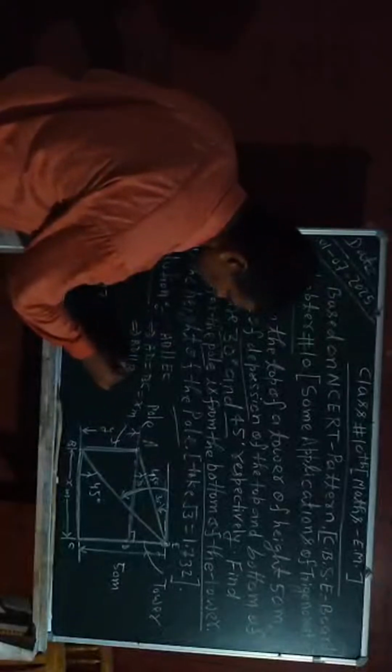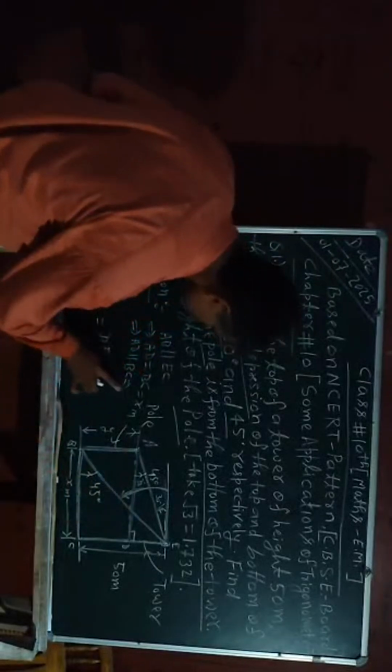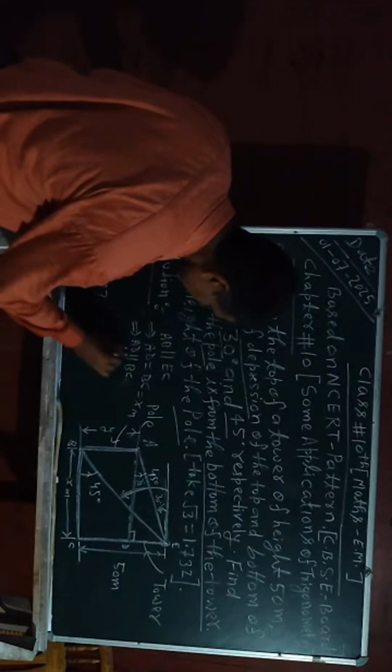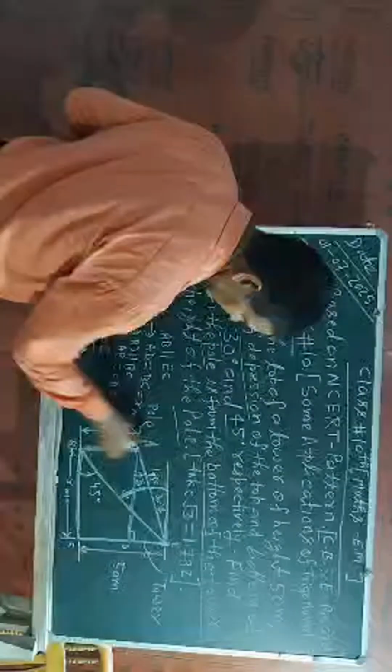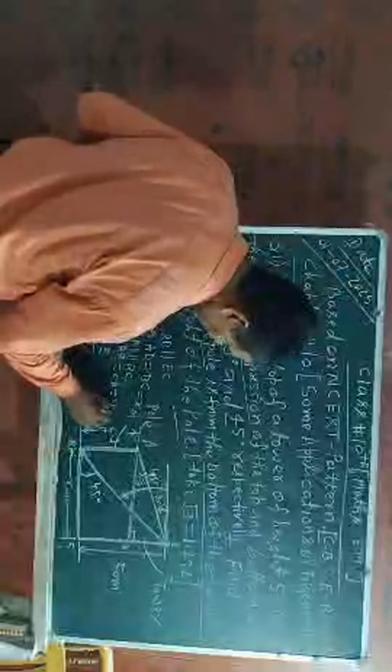I will again write AD. Line AD is parallel to BC. It means that the length of AB is equal to CB. Already I have assumed AB is y meter, so here I have written y meter. This information I will use properly for getting the value.